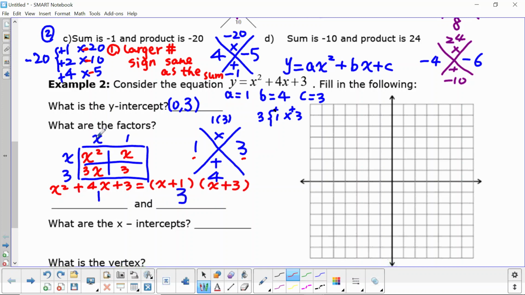This area equals length times width, and this form is our factored form. So by finding these two numbers, you have the factored form. You just put these two factors in the brackets.